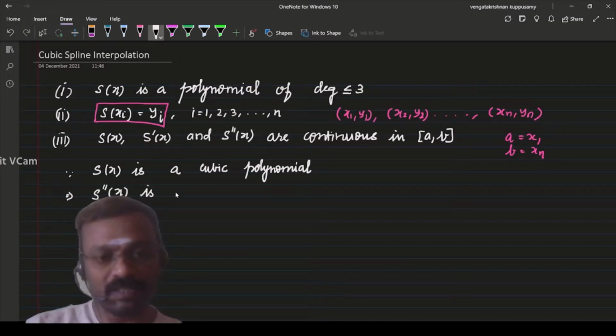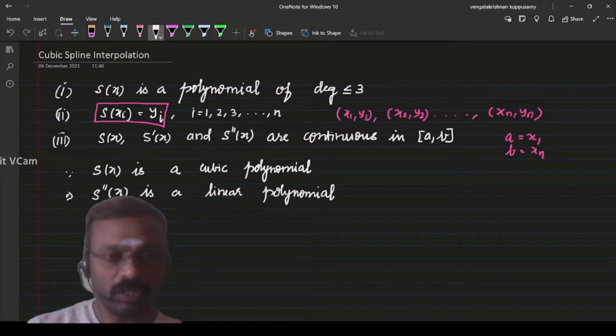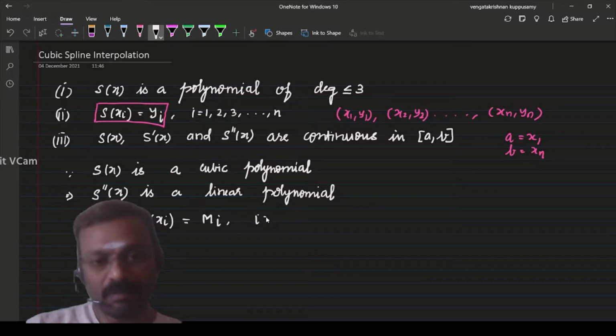So S double dash of x is a linear polynomial. Let us denote S double dash of xi to be mi, where i is equal to 1, 2, 3, etc.